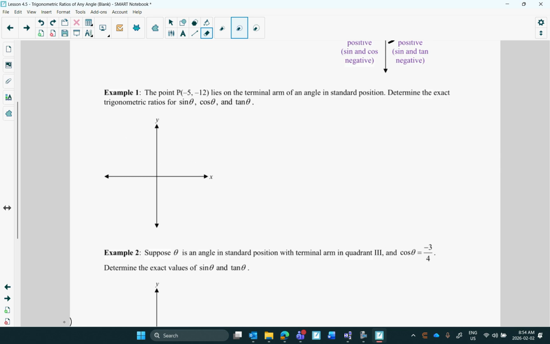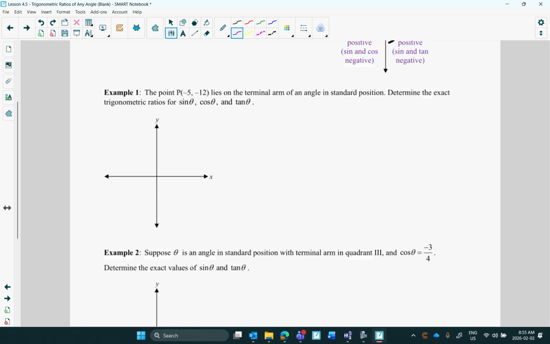We're just going to talk about the signs, or the fractions of sine and cosine and tangent. So here, and I mean, you don't have to draw a diagram, but I've given you a coordinate grid because a lot of times a diagram is useful.